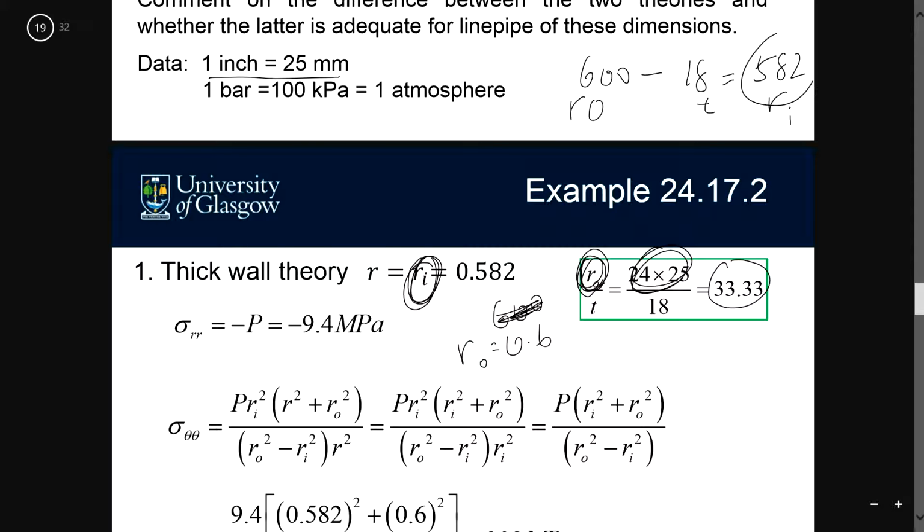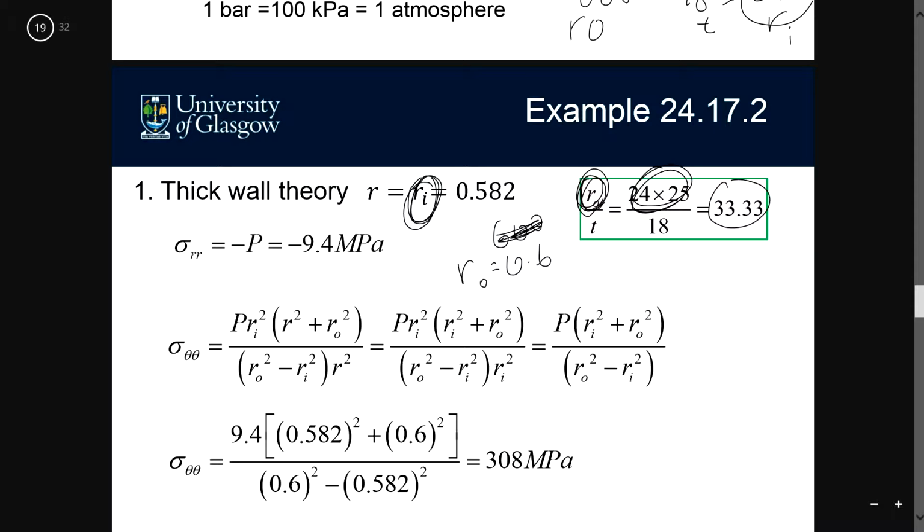Now we're going to analyze certain things. We know that this is a thin wall system, but we'll also do the thick wall and see how thick wall theory relates to thin wall.